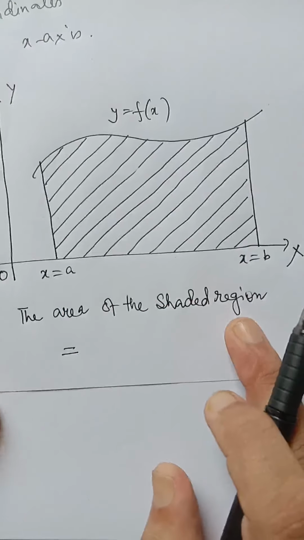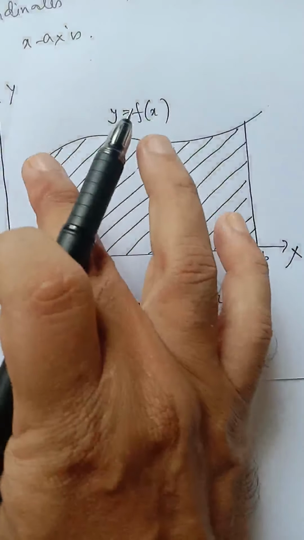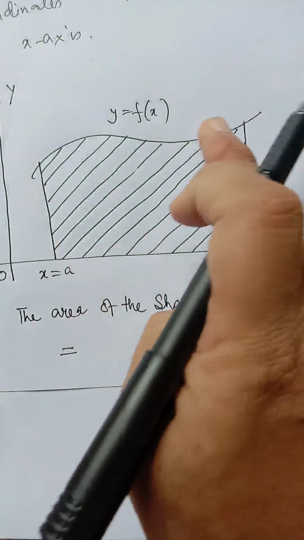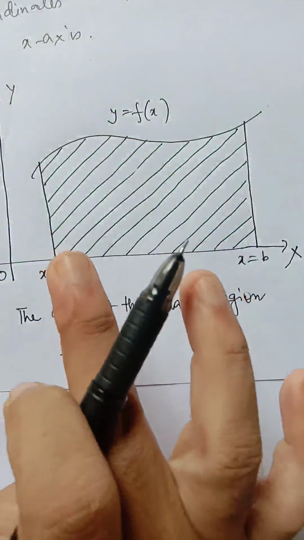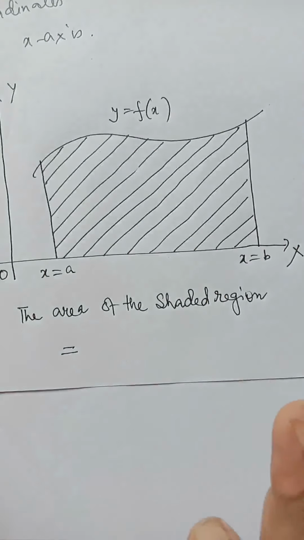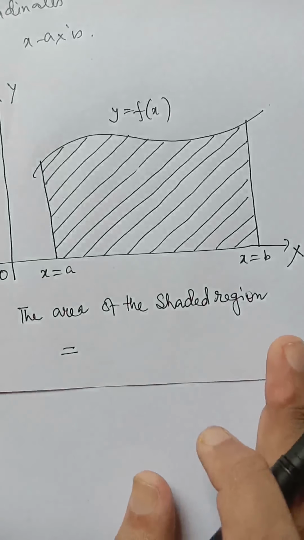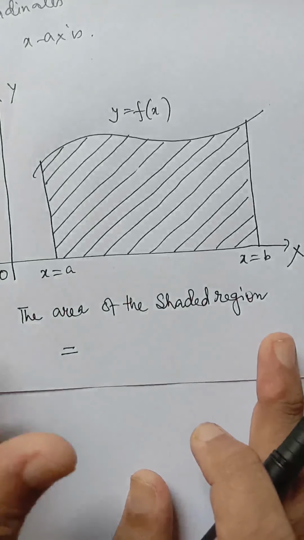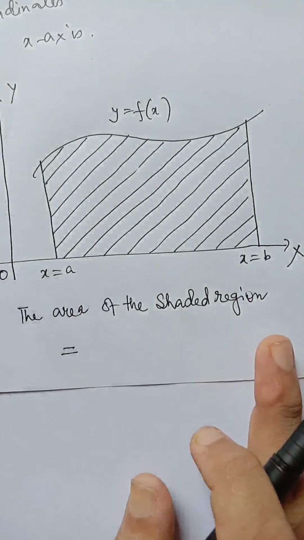The area of the shaded region will be, just think in this way. Out of these four boundaries, one of the boundaries is the x-axis. First of all, you try to find whether one of the boundaries is the x-axis or the y-axis.